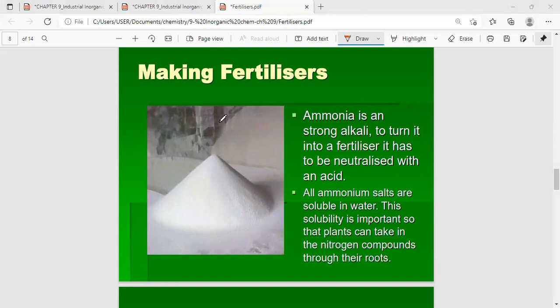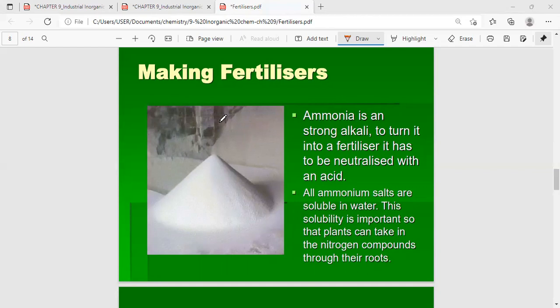Ammonia is an alkali. In order to change it to a fertilizer, it has to be reacted with an acid. You have learned under acids and bases that acid plus alkali will give salt and water. In other words, an acid and alkali can be neutralized.